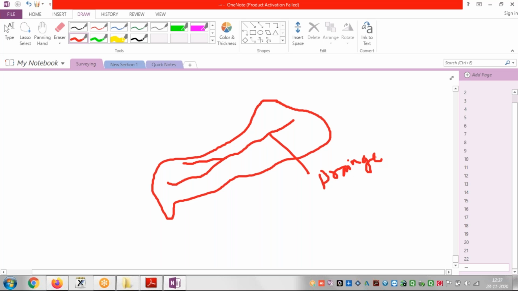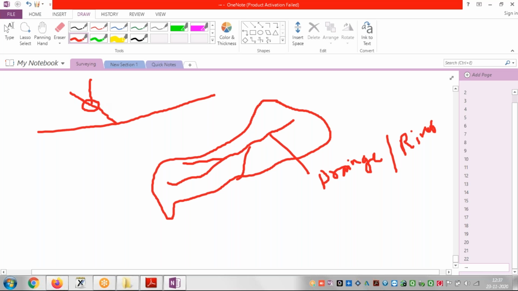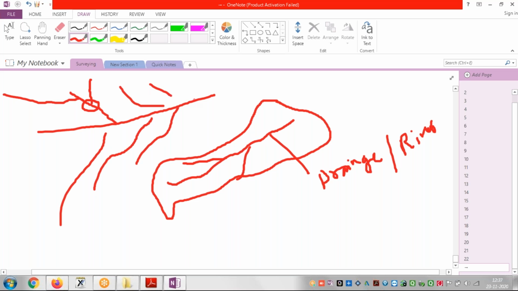River and drainage are almost the same, with a small difference. If there is a larger drainage network, meaning this is a river, then again one river is meeting this, then another river is meeting this one, then a number of rivers are meeting this one. It means the drainage network is very good.